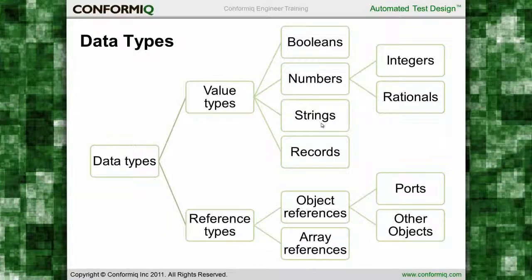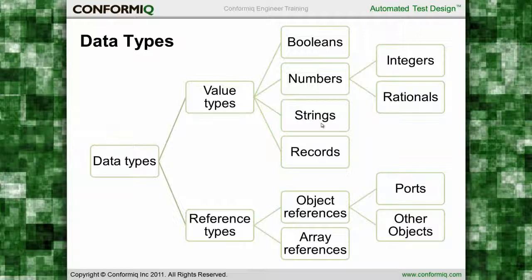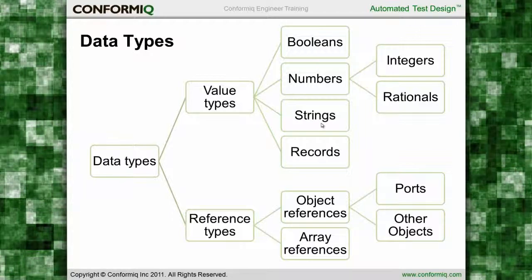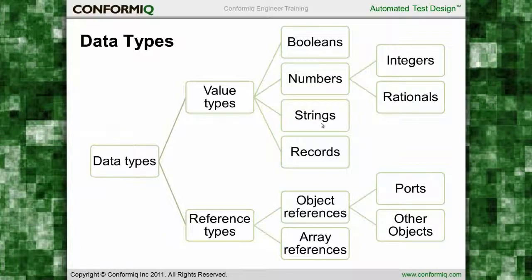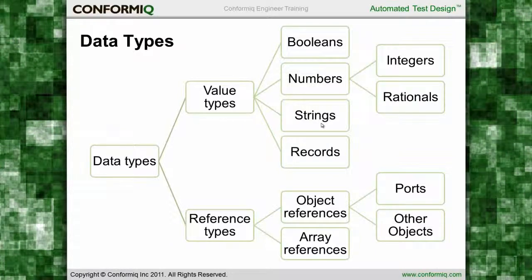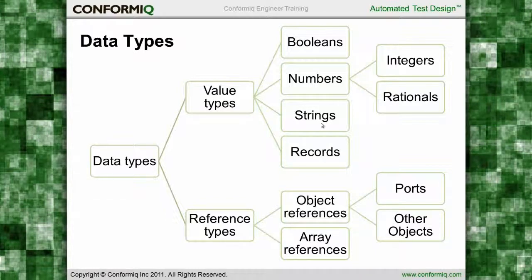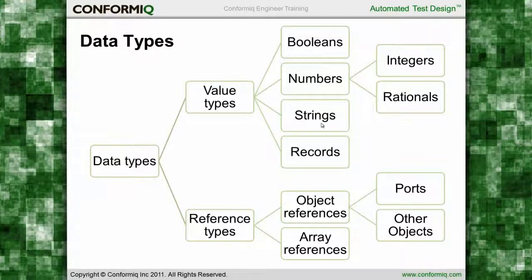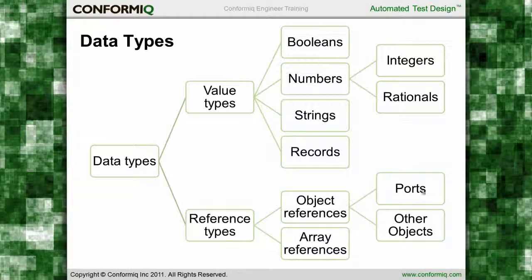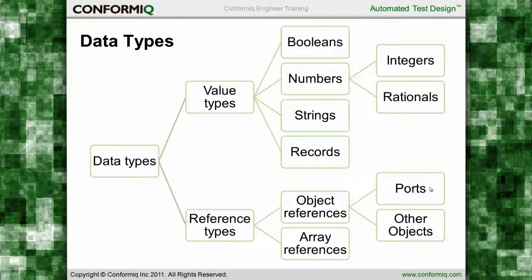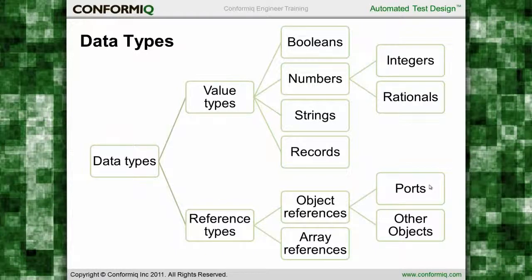Then the actual language that is used in QML models is Java, and therefore the data types available in the language are in practice almost identical to Java. There are some extensions to the data type system, such as these ports, which are the interfaces that you define in the system block.